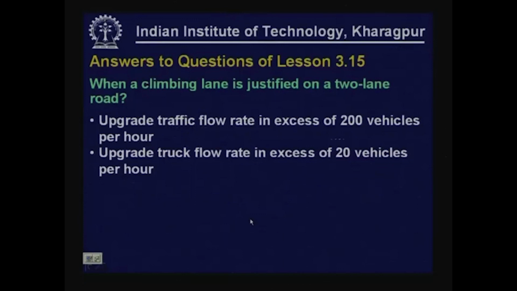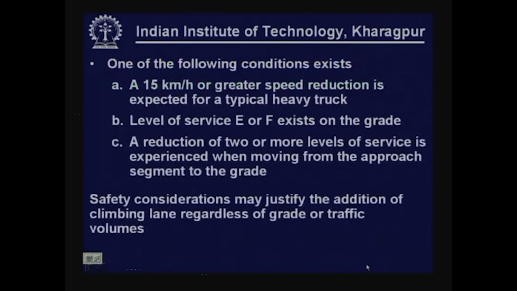First question was, when a climbing lane is justified on a 2-lane road, there are 3 possibilities. First is upgrade traffic flow rate in excess of 200 vehicles. Second, upgrade truck flow rate in excess of 20 vehicles per hour, and one of the following conditions must exist. A 15 kilometer or greater speed reduction is expected for a typical heavy truck, or the level of service E or F exists on the grade, or a reduction of 2 or more levels of service is experienced when moving from the approach segment to the grade.